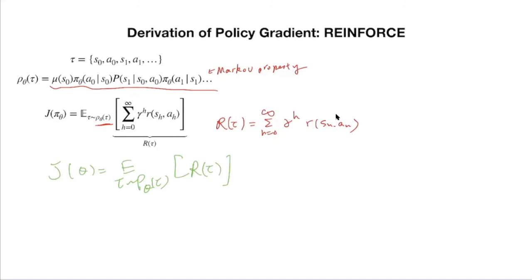If you recall the warm-up example, this is what we're doing: X from P theta and f of X. So here I'm literally doing the same thing. P theta here is this rho theta, X here is a trajectory, and f of X here is this function R of tau that looks at the total sum of the reward across this trajectory.